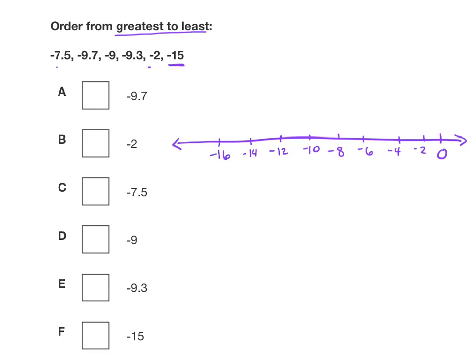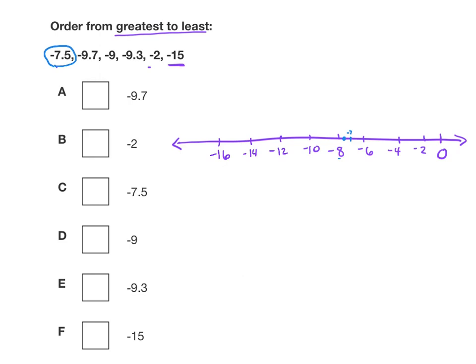Okay, so let's go ahead and graph each one. So I have negative 7.5. Negative 7.5 is between the negative 8 and negative 6. Right in between would be negative 7, so it would be between the negative 7 and the negative 8.